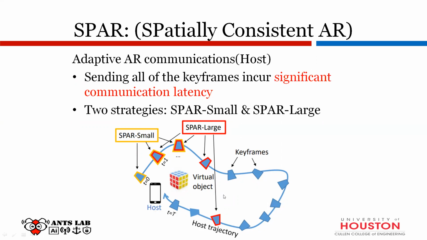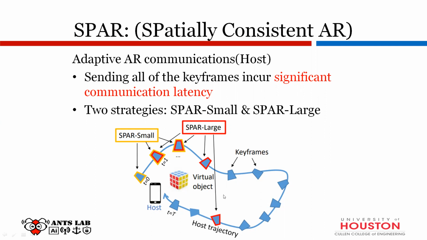Is that the case? Yeah, they will get the information of which keyframes are close to the virtual object, and that's how they choose the keyframes that can be sent through SPAR large.